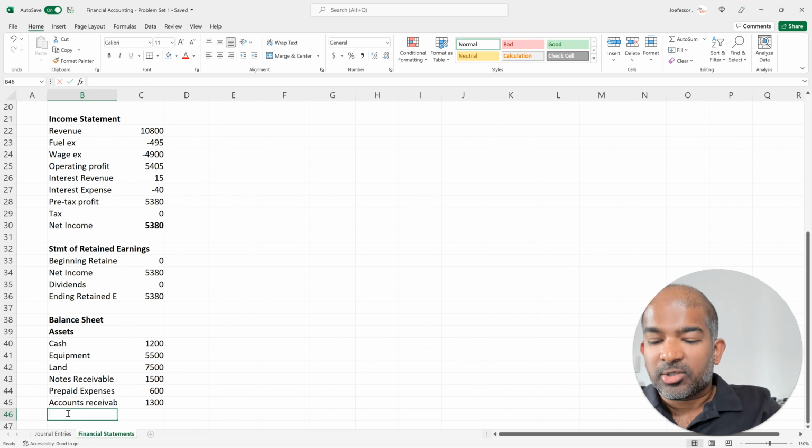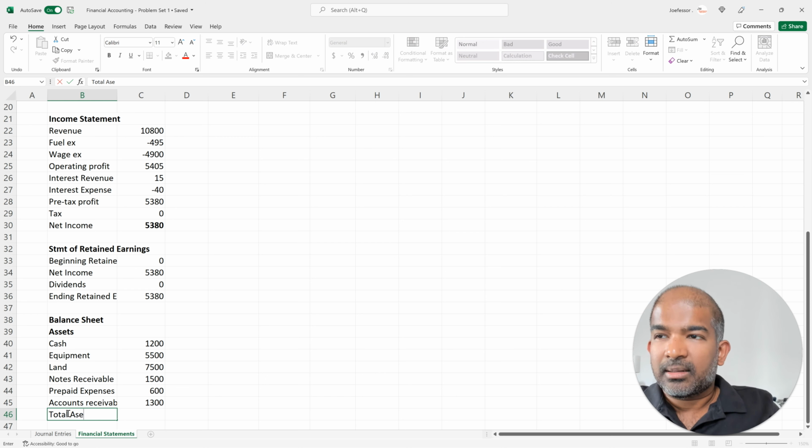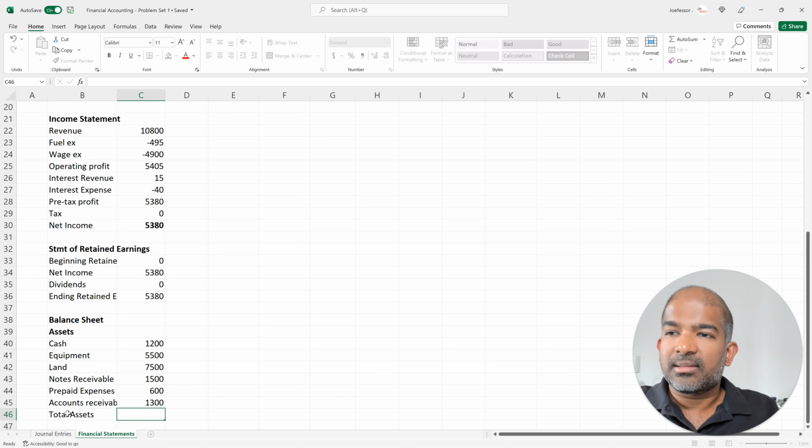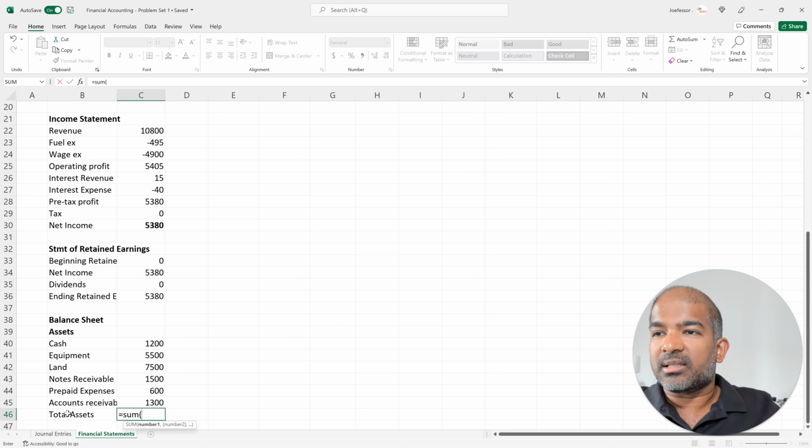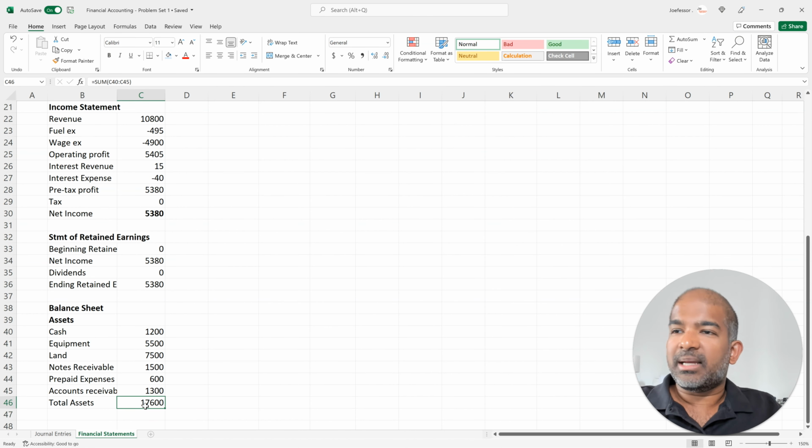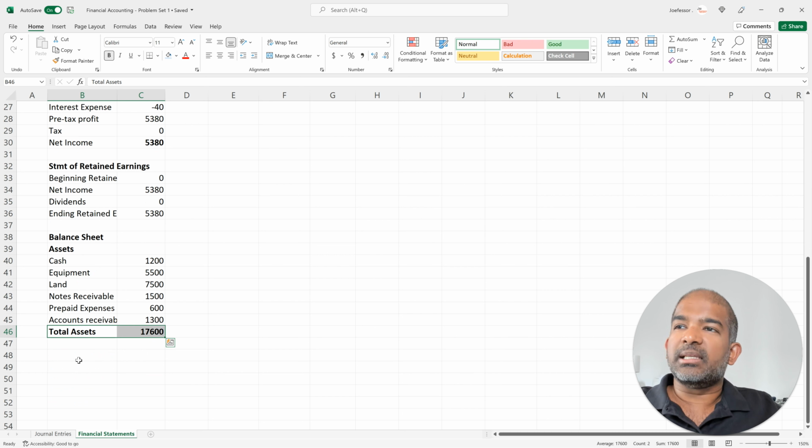So our total assets are basically the sum of all these. I haven't classified them as current and non-current assets as of yet, but we'll see those in later problem sets.